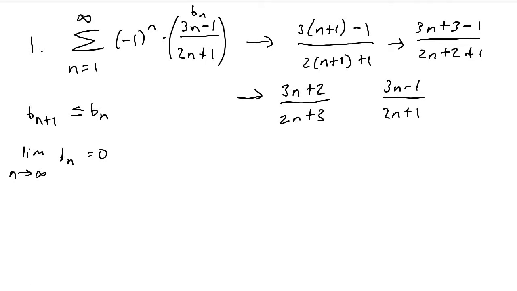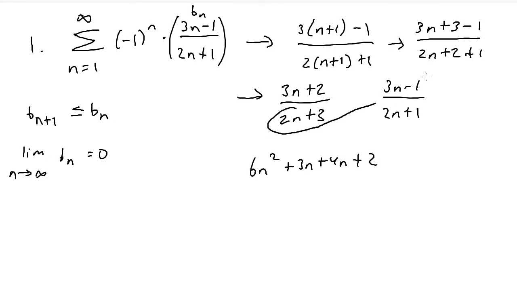So obviously, if we want to see which one's bigger, we can just cross multiply. And when we do that, we'll have to FOIL. So when I multiply 3n plus 2 times 2n plus 1, we'll get 6n squared plus 3n plus 4n plus 2.